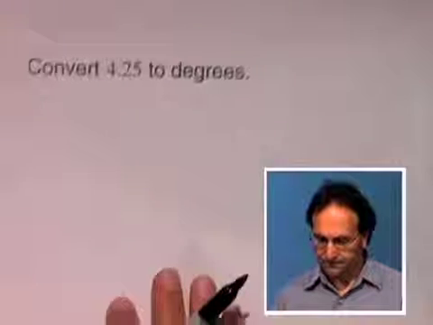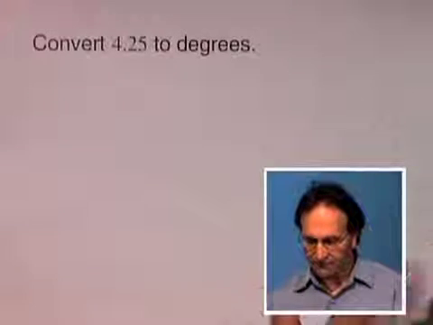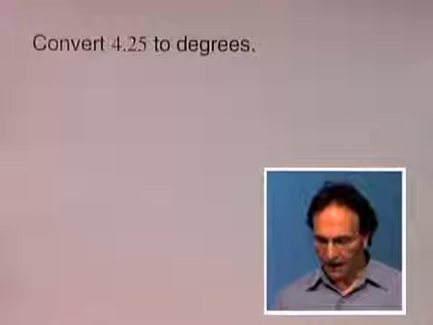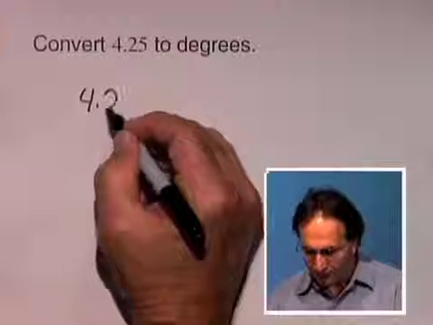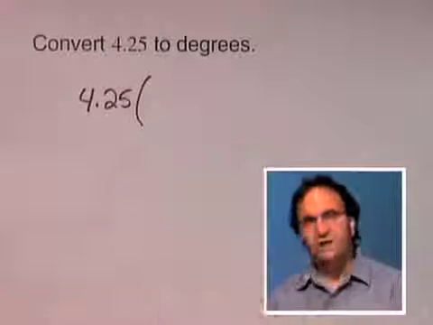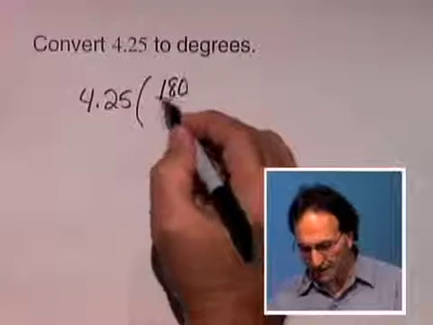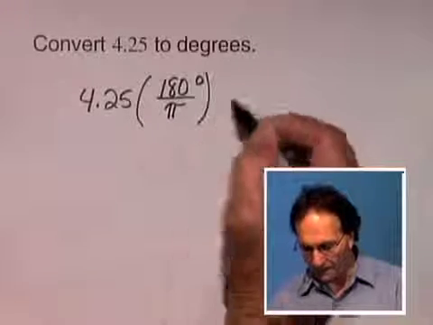And one more. Let's this time convert 4.25 to degrees. We'll multiply together 4.25 times 180 over pi degrees.